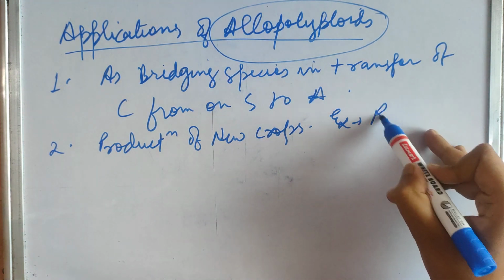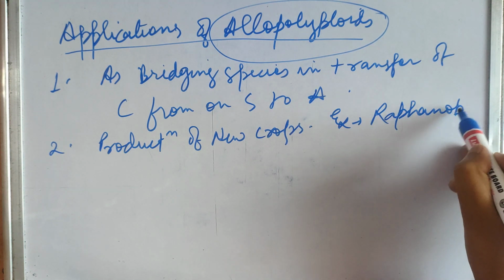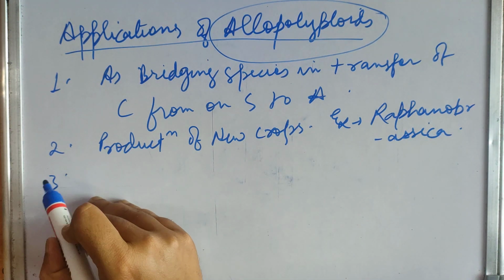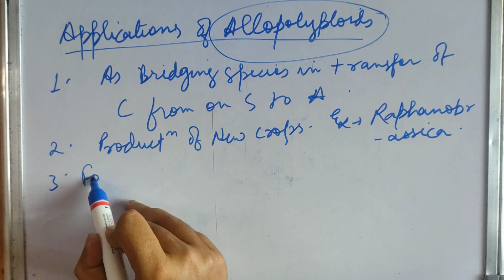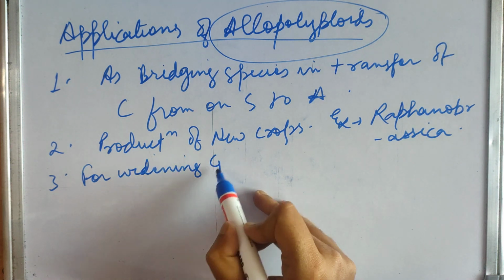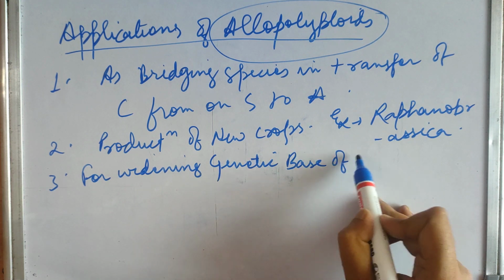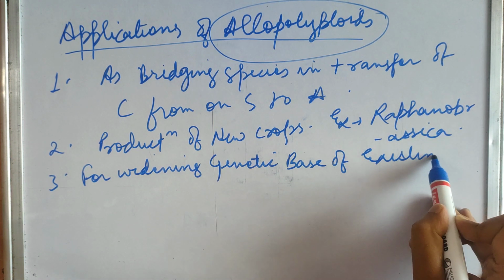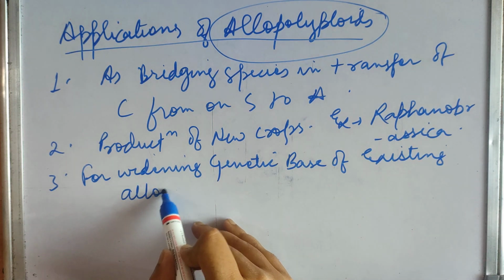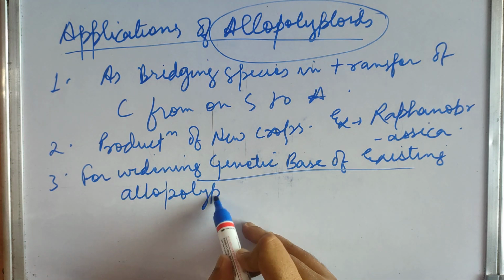Example, you would have heard about Raphanobrassica. It helps in widening the genetic base of existing allopolyploid crop species.